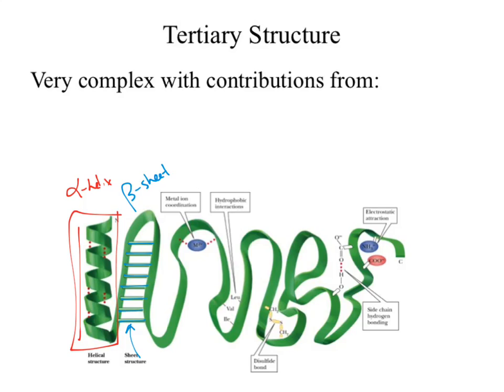Why hydrogen bonding? An interaction is true as well, but we can be more specific with hydrogen bonding. Hydrogen bonding is what holds together beta sheets. It's the hydrogen bonding within the backbone. So those lines are supposed to represent hydrogen bonding.